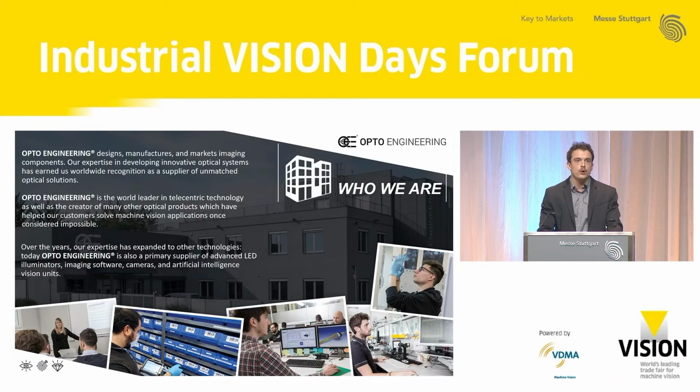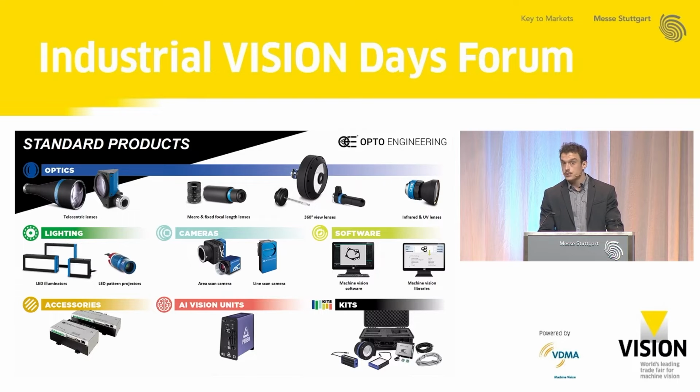Starting from what was and still is our core business, that is telecentric lenses, we progressively expanded our range, becoming basically a provider of almost any kind of machine vision components, ranging from several types of optics, lighting solutions, cameras, software tools, all the related accessories, including strobe controllers, cables, and so on, AI vision units as well, and last but not least, also machine vision kits that are particularly meant to equip machine vision laboratories.